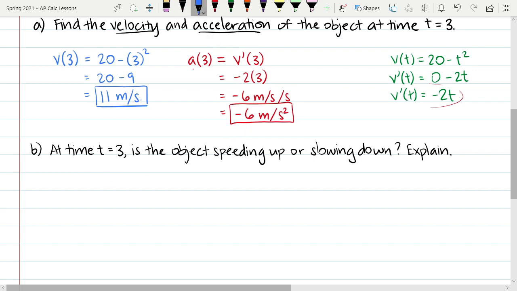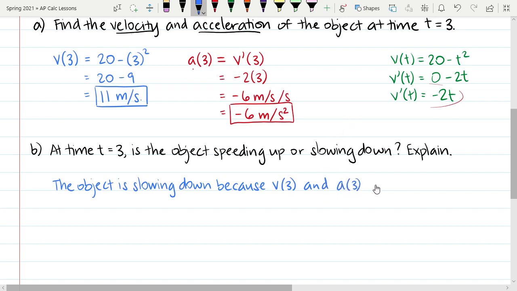So we can answer this question by saying the object is slowing down. And it does say explain, so I'm going to say because v of 3 and a of 3 have different signs.